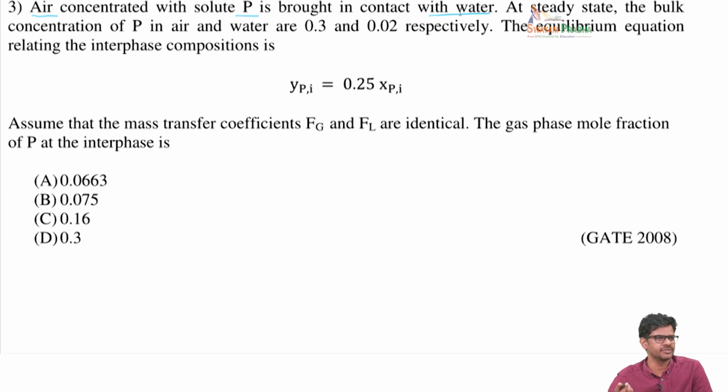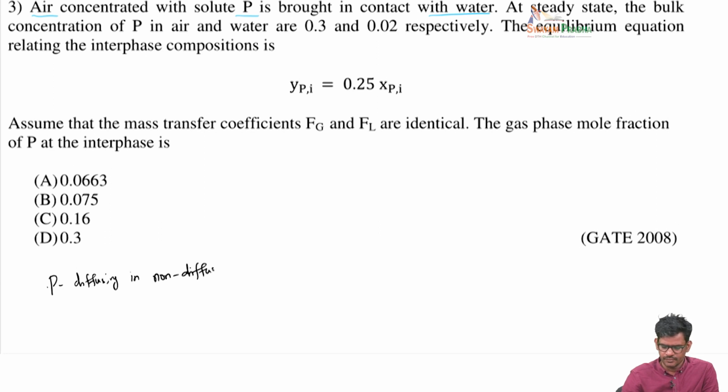So again we are talking about something like an absorption problem, meaning that in this case, not A, we are going to say P diffusing in non-diffusing B. Okay, so B is the other species, so that's the type of mass transfer. So we have to note that down, and then it's steady state.